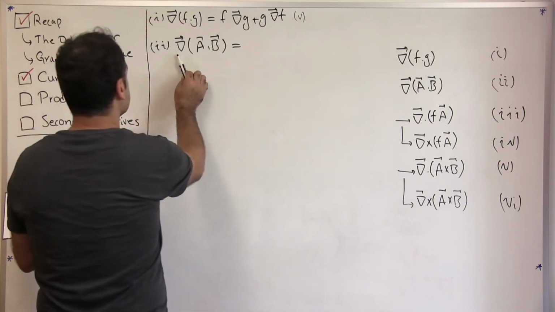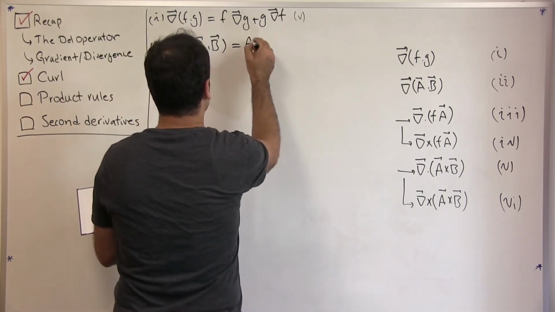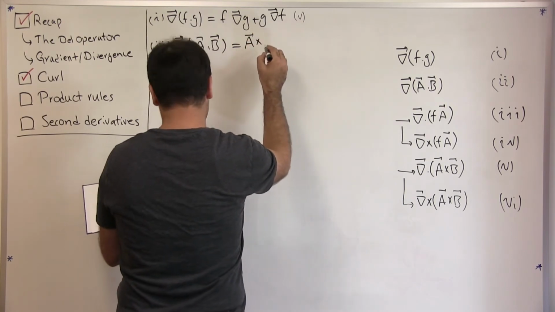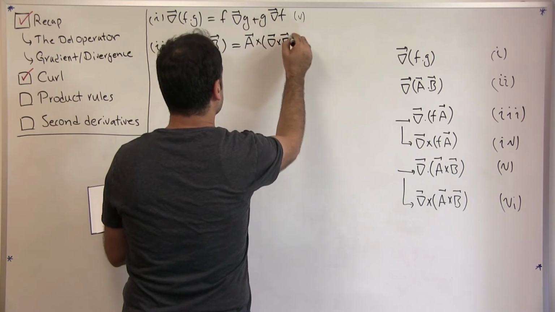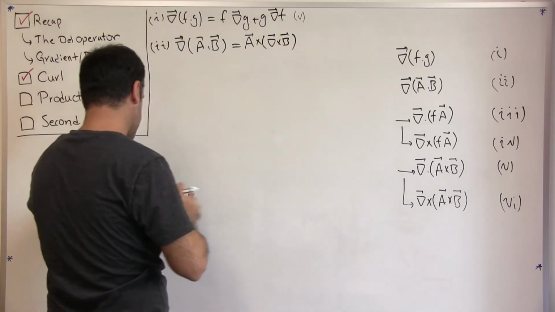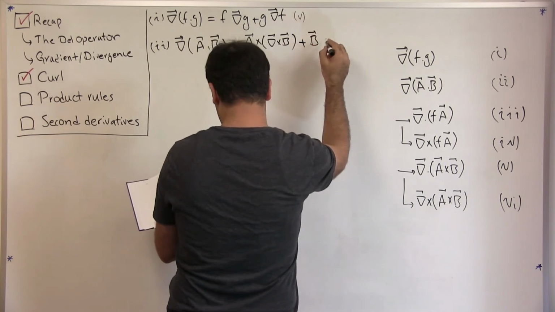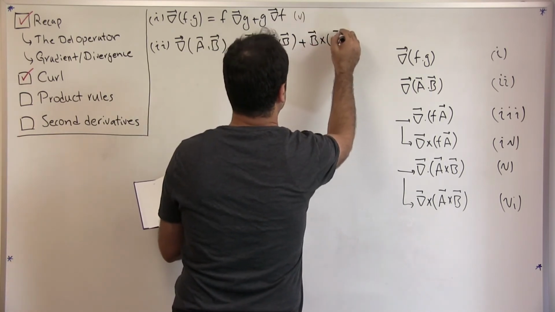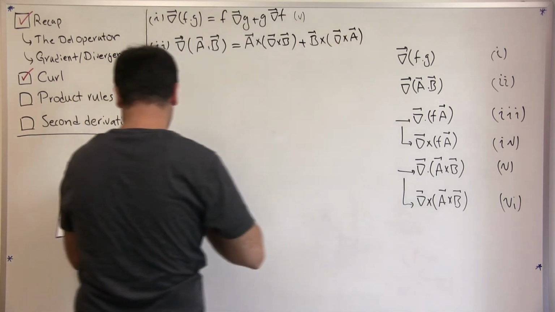So the gradient of the dot product becomes A cross curl of B. It has four terms. Plus B cross curl of A. Okay, the first two terms.